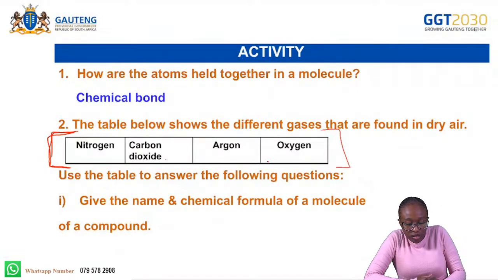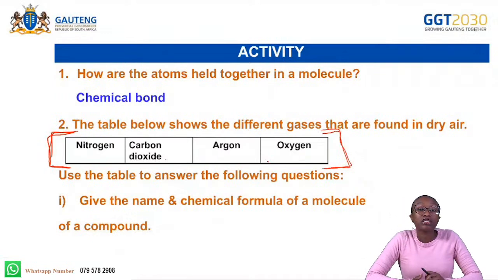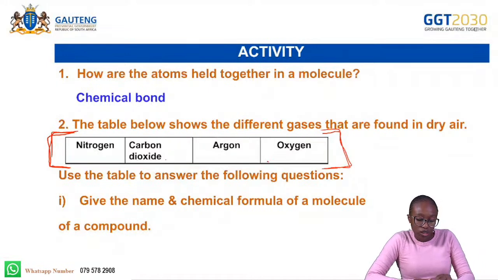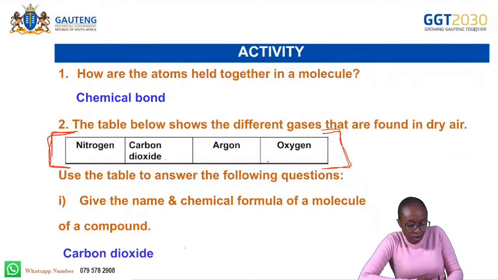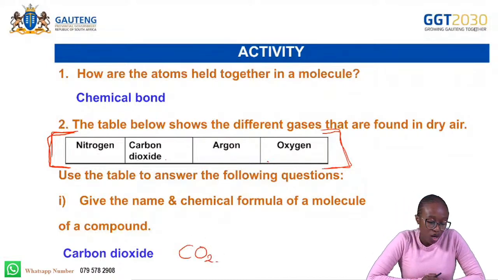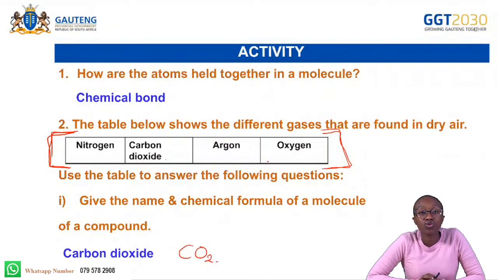So amongst these, which one is the molecule of a compound? Is it nitrogen? Is it carbon dioxide? Is it argon or is it oxygen? It is carbon dioxide. And what's the formula? It is CO2. So take 1 minute to copy down the corrections, and then after that we'll continue with the other 2 questions.